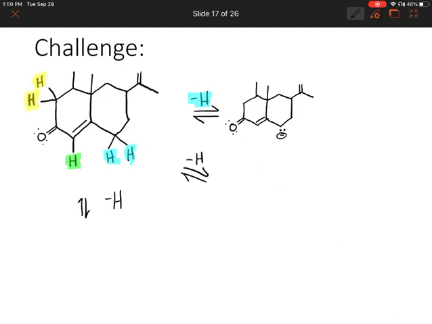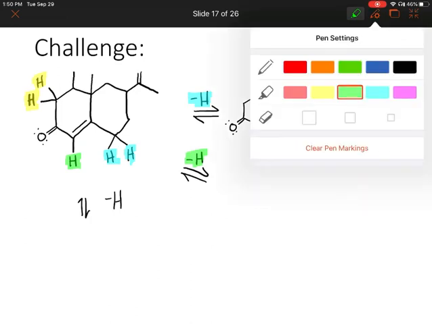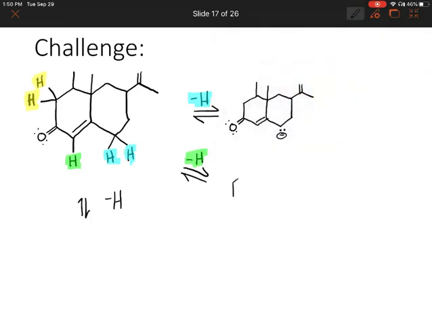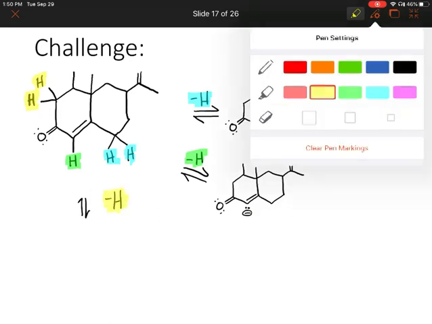Okay, now what would happen if we lost the green hydrogen that's off of that double bond? All right, so we would leave a lone pair behind on that carbon in the double bond, so that would also be negatively charged. And last but not least, what would our structure look like if we lost one of the yellow hydrogens?